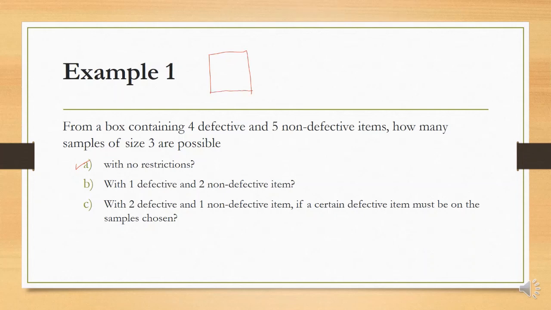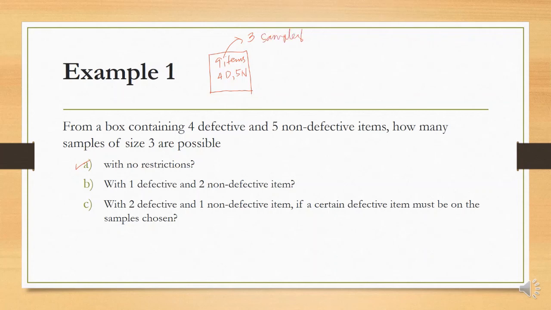So, meron tayong all in all, no? Na 9 items. Okay? So, meron tayong 4 na defective and 5 na non-defective. Tapos, kukuha daw tayo ng tatlong size or tatlong samples.